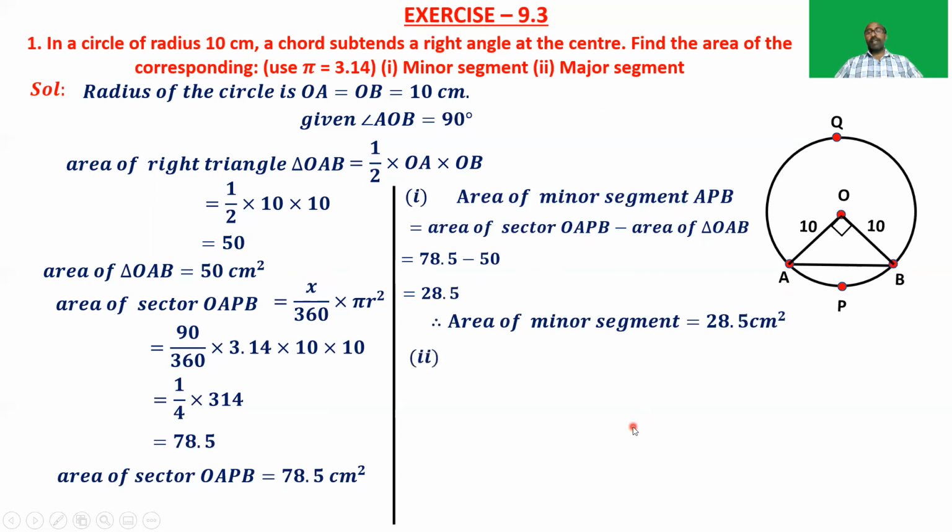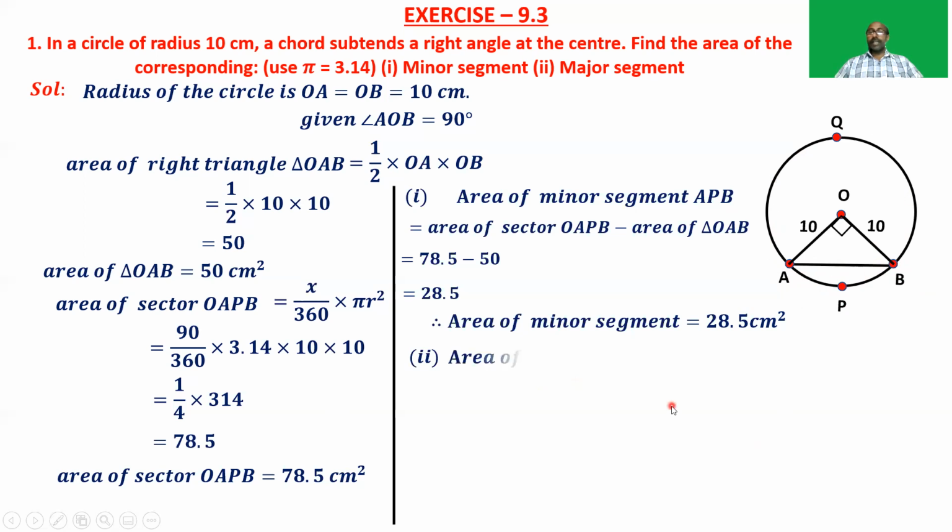So we have area of major segment is equal to area of the circle minus area of the minor segment. By subtracting the area of minor segment from the area of circle, we remain with the area of major segment AQB.